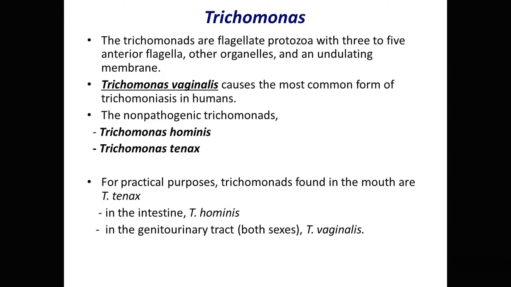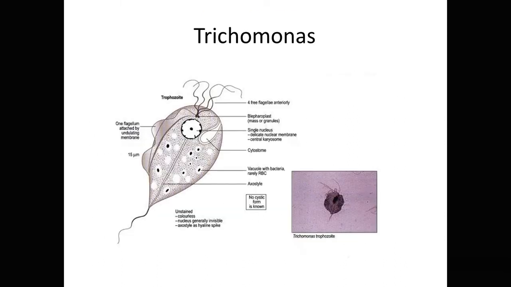So now the flagellates that cause sexually transmitted infections, and this is Trichomonas vaginalis. There are also other Trichomonas, hominis and tenax, that don't cause infections. Trichomonas tenax is found in mouth communities, while Trichomonas hominis is in the intestine, and Trichomonas vaginalis is found in the urogenital tract of men and women.